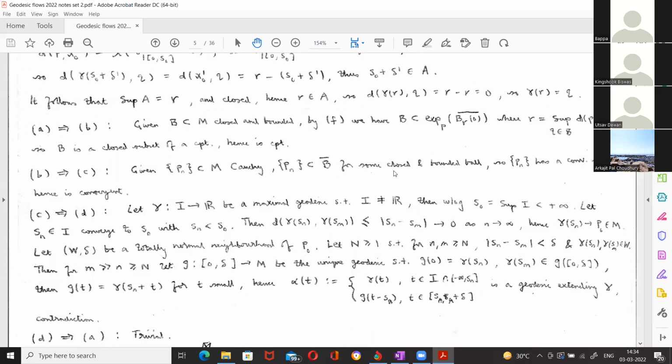And since the closed and bounded ball is compact, Pn has a convergent subsequence. But if a Cauchy sequence has a convergent subsequence, then the whole sequence is convergent, right? This is true in any metric space. So the sequence Pn is convergent, so any Cauchy sequence is convergent. So M is complete. Is this clear?